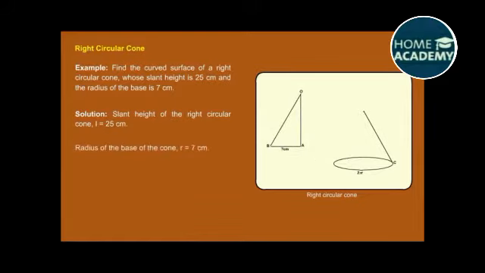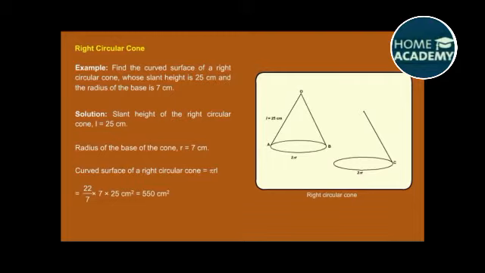Radius of the base of the cone R is equal to 7 cm. Curved surface of a right circular cone is equal to pi r L is equal to 22 upon 7 into 7 into 25 centimeter squared is equal to 550 centimeter squared.